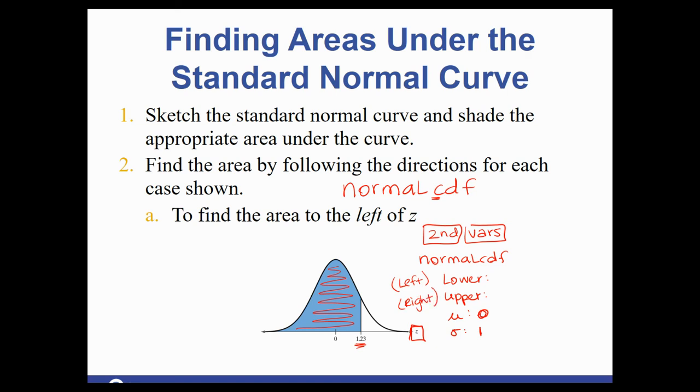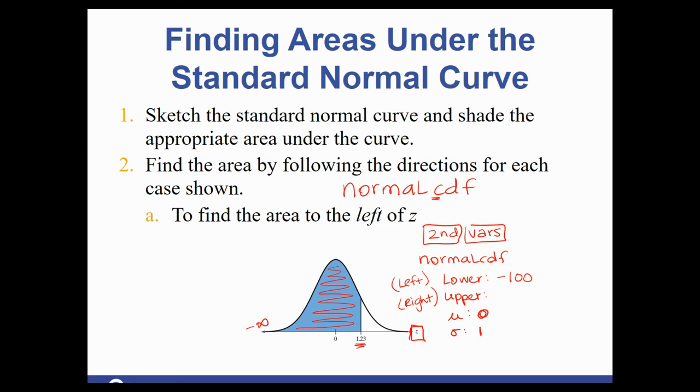So looking at this little example on here, my shading is coming from way down here on the left. Remember, that's negative infinity. It keeps on going. We don't actually have an infinity symbol on our calculator, so we just need a really, really big number for down there. And because we're talking about Z's, Z's are always going to be between like that -3 to +3 area. We're going to plug in a -100.